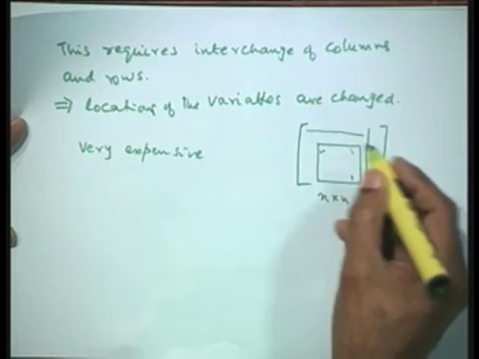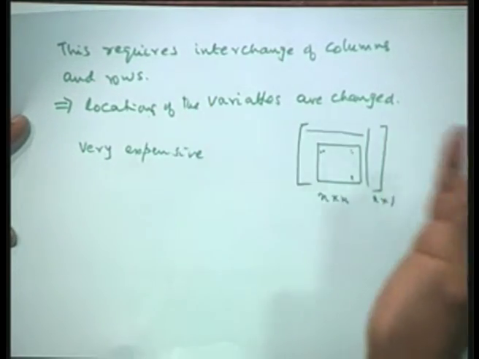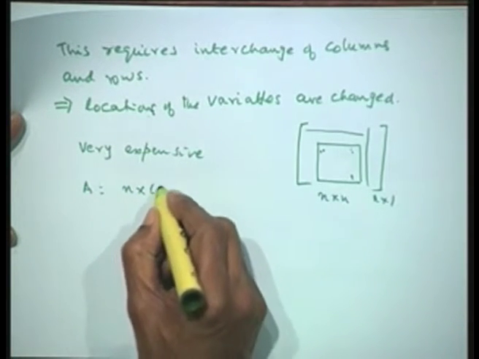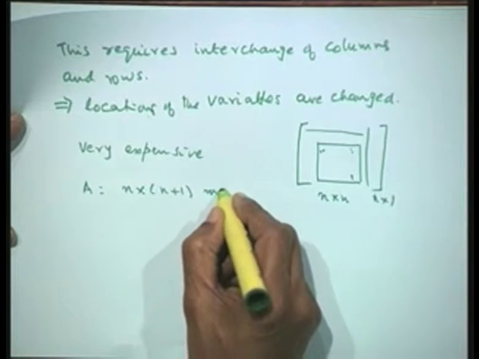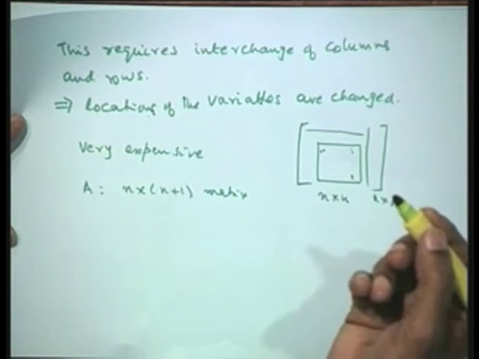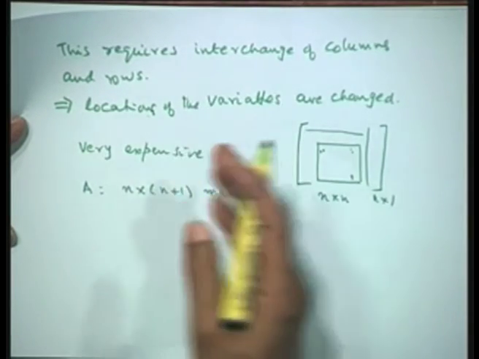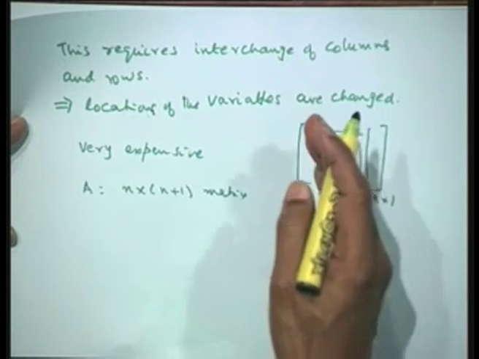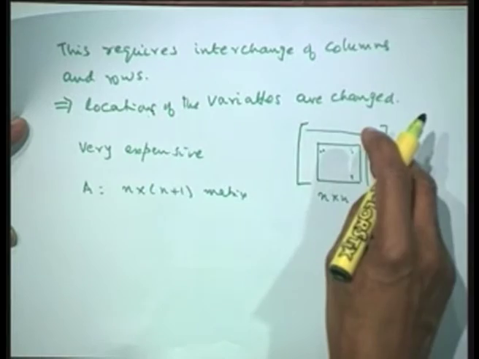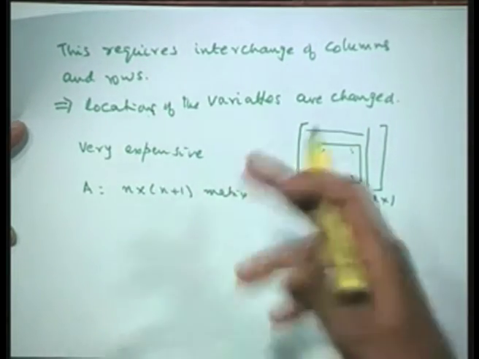B is taken as the n plus 1th column of A, that means you do not have to write down another array for B. You can declare A itself as an n into n plus 1 matrix, so that you identify the n plus 1th column as the right hand side vector, and then proceed with the solution procedure. Then the first n into n elements will be the required matrix U, and the right hand side vector is going to be Z.